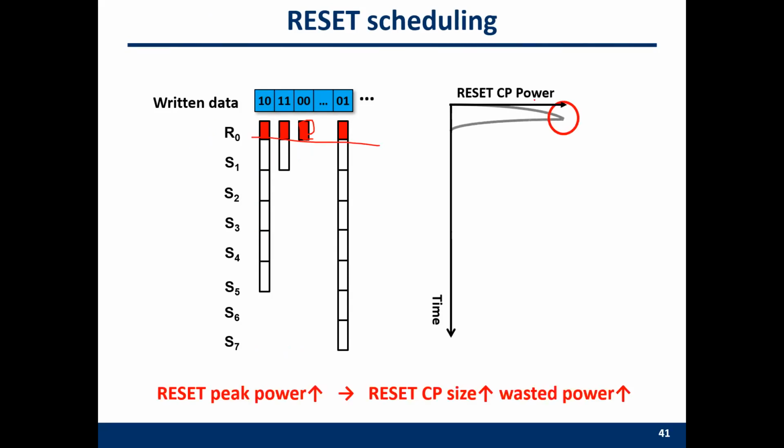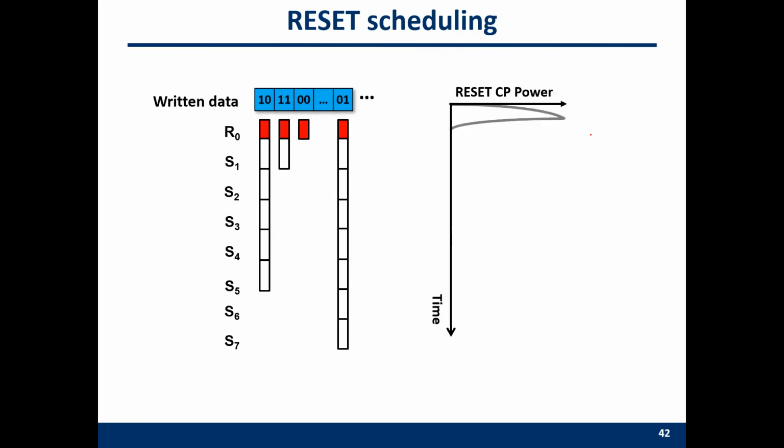And this is what will happen. At the beginning of the write, we do reset. Here we have a so-called reset peak power. The peak power is very large here. In order to support it, we need a very large reset charge pump. We can actually do some scheduling to solve the problem.